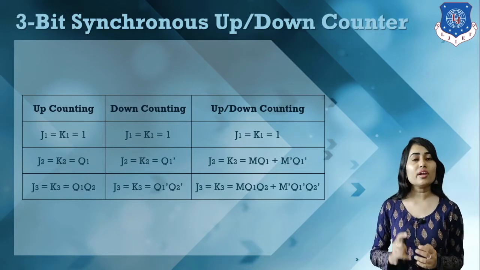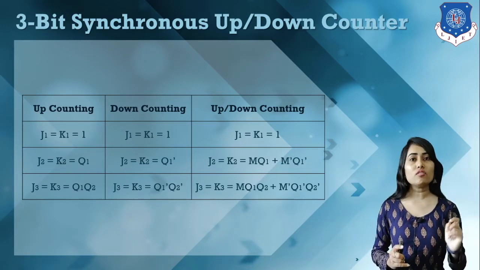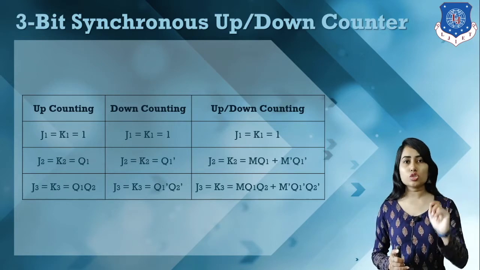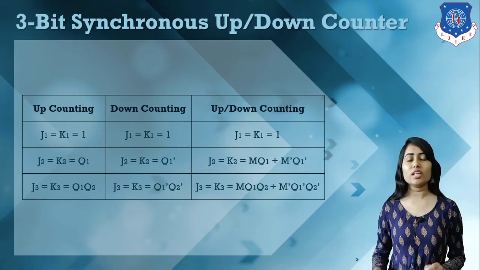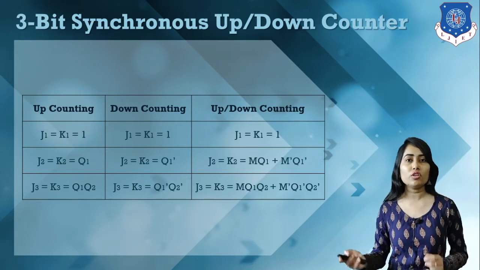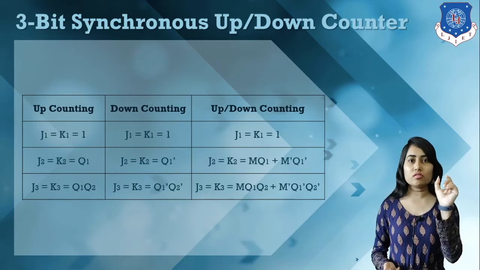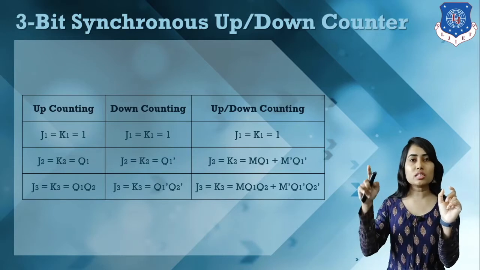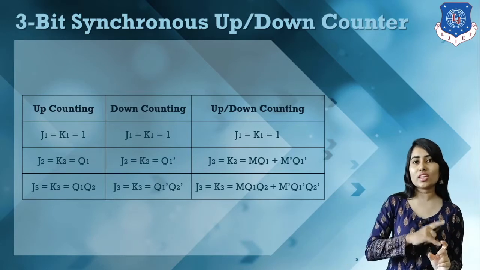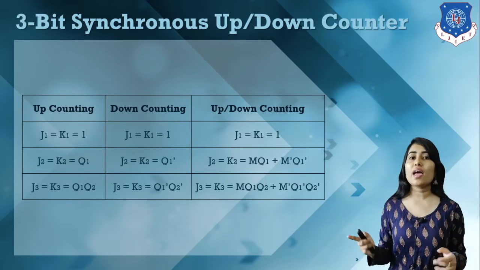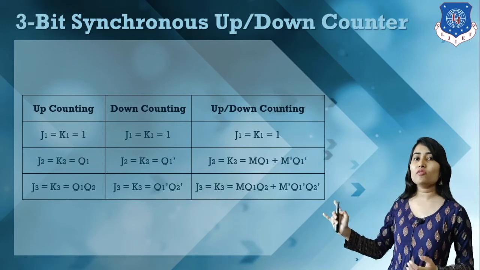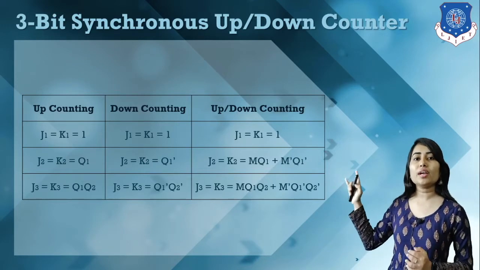Now for the up and down counter we have one mode signal, in which whenever M is equal to 1 we have up counting, and whenever M is equal to 0 then we have down counting. So for M equal to 1 we can write it simply as M for up counting, and for M equal to 0 we can write M dash, that means down counting. So if we combine all three values, here we have up and down counting.